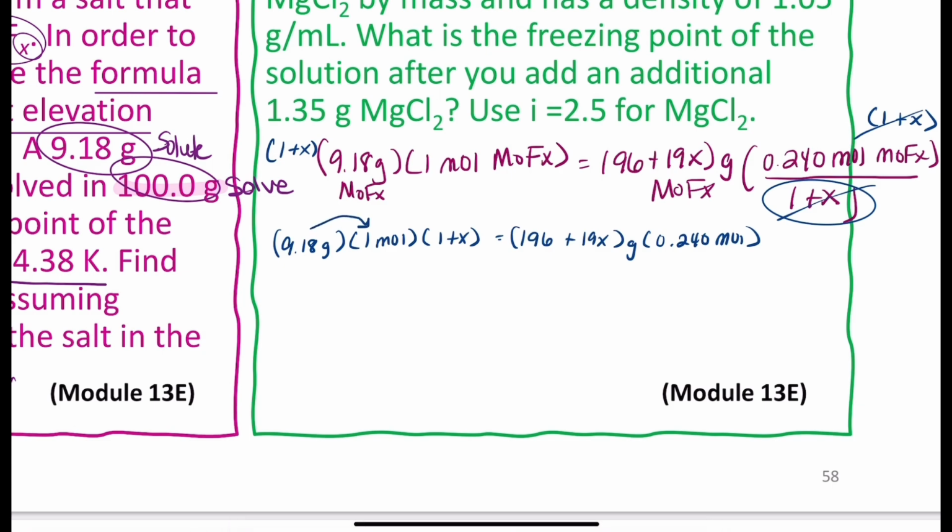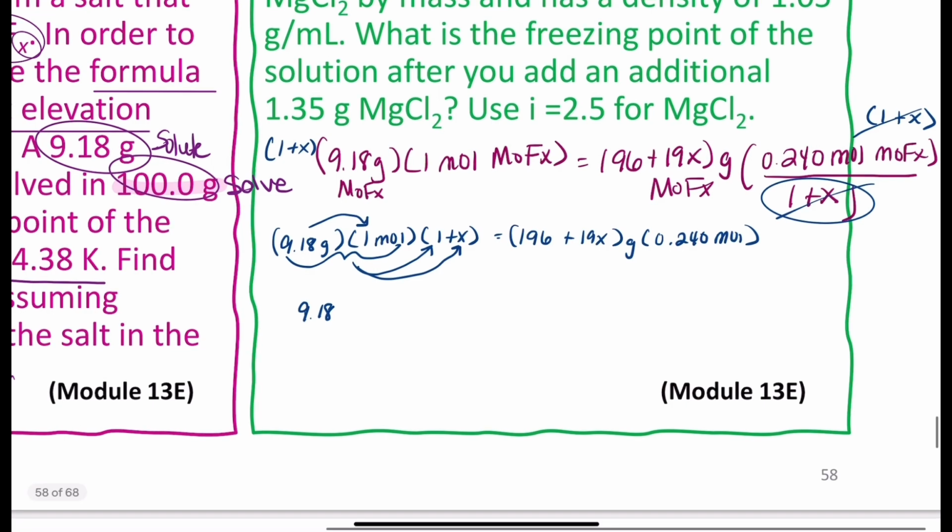The 9.18 times 1 mole stays 9.18, but I need to distribute this quantity into here. That gives me 9.18 plus 9.18x. For here, I need to distribute as well. I'm not going to mess with the units right now. They're going to cancel out in a sec anyway, and they're just getting messy in my space.